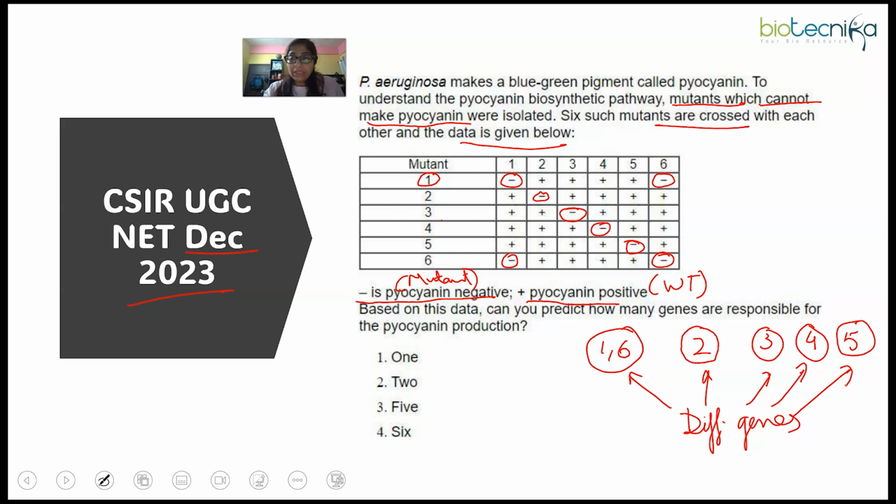Even though we have taken 6 different mutants, mutant 1 and mutant 6 have mutation in the same gene. So the total number of genes involved here for pyocyanin production is 5. I hope all of you understood this.